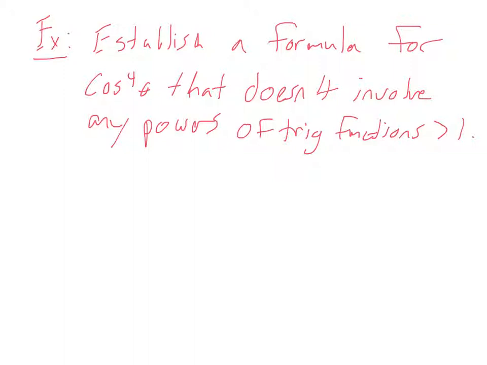Okay? And you're going to use these power reduction formulas in the process there, and you might have to use some other formulas as well. Just keep trying to reduce the powers until you have no powers left.